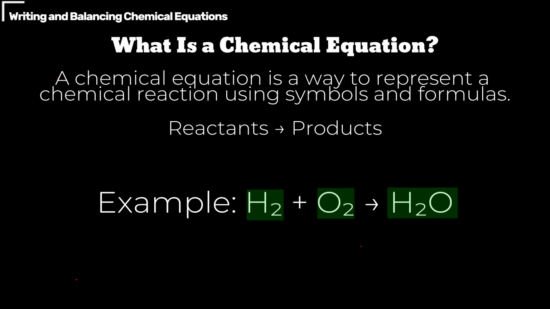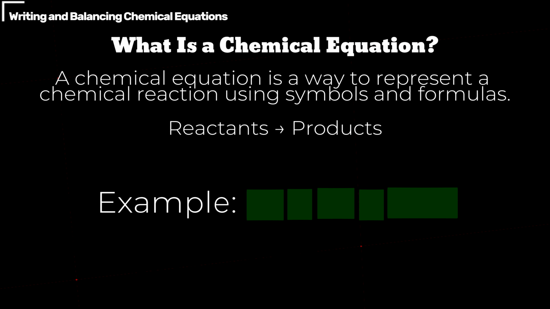Then in between the reactants, you have a plus sign, and that plus sign means "and." Then the arrow giving you the products means "produces" or "yields." So we use these things to connect the reactant side and the product side.